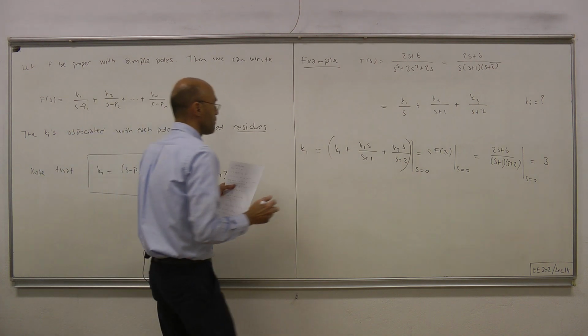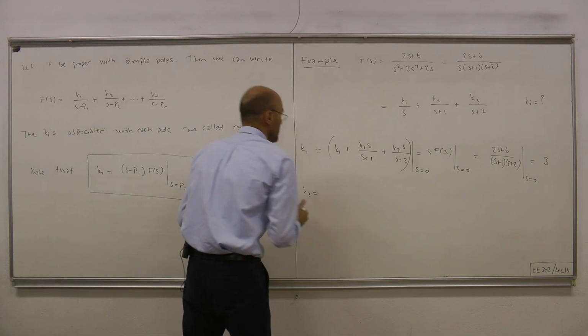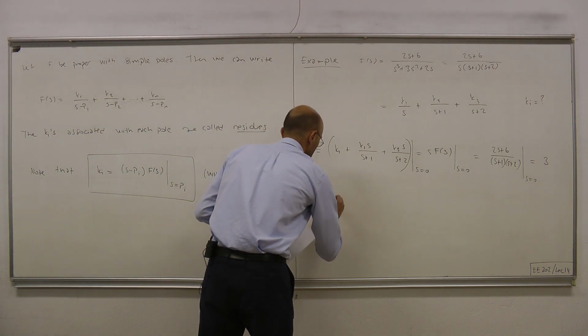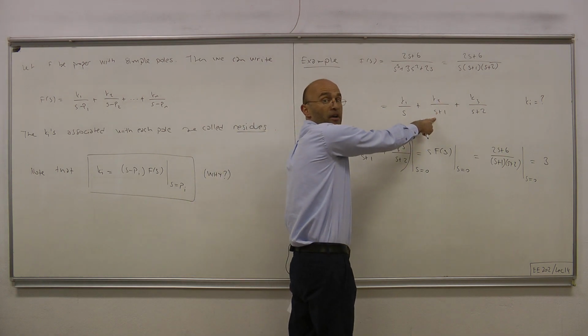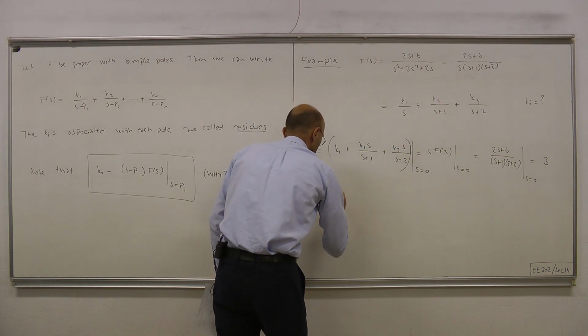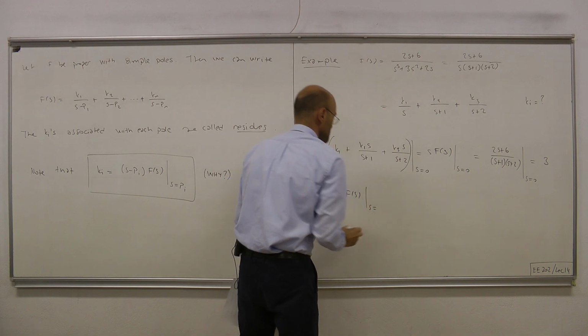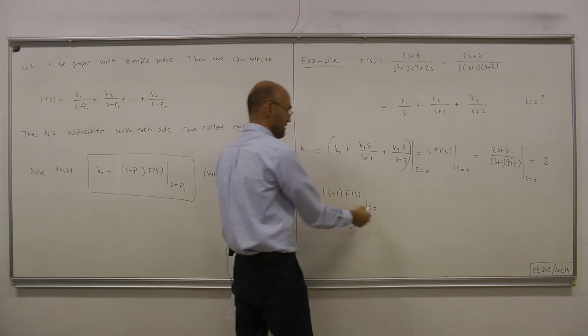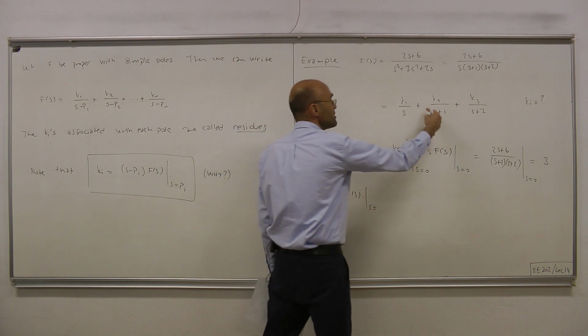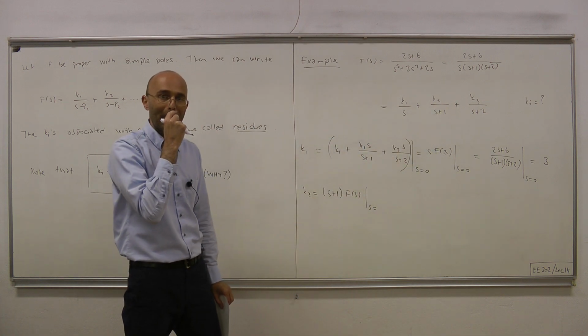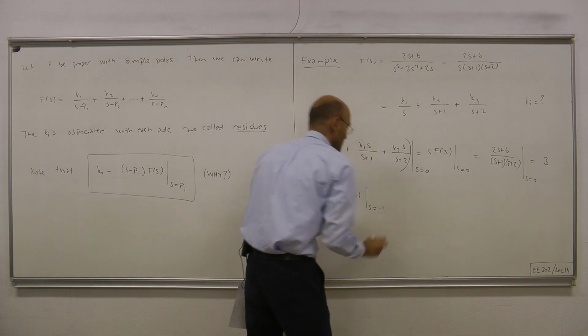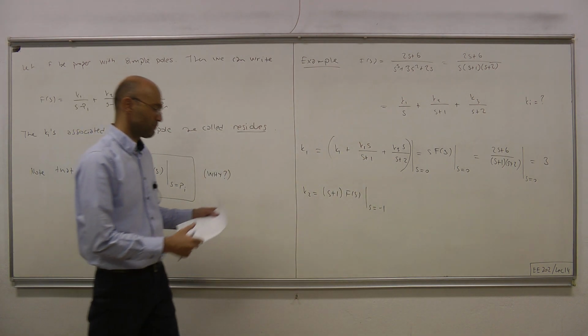Okay, now likewise, k2 equals, what's the denominator of k2? It's s + 1, so (s + 1) times F(s) evaluated at s equals what? Evaluated at the value of s which makes this denominator 0, in other words, s equals minus 1.